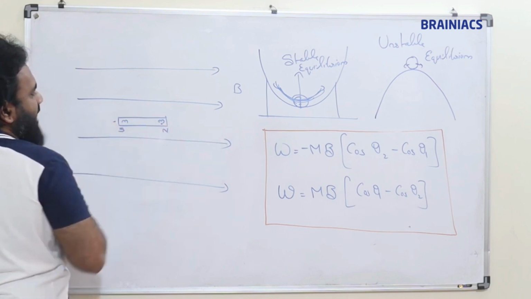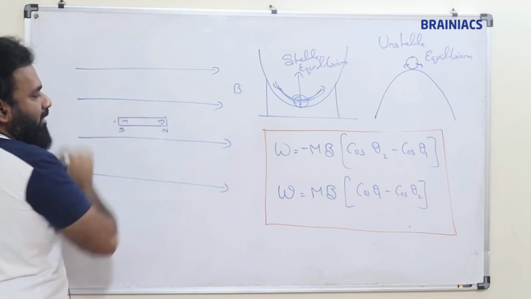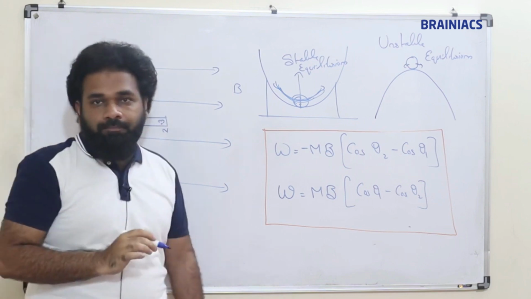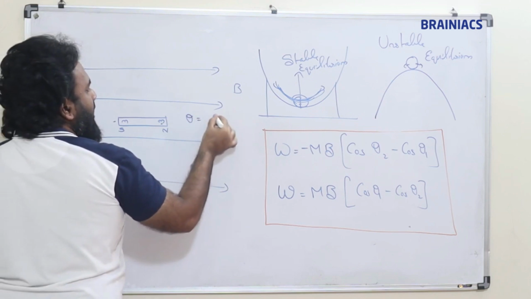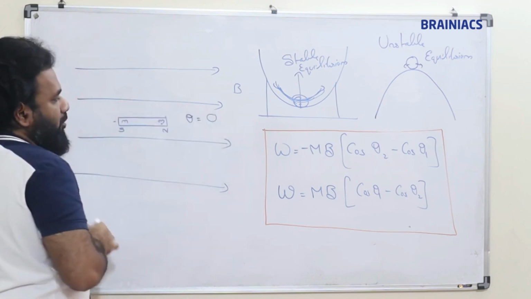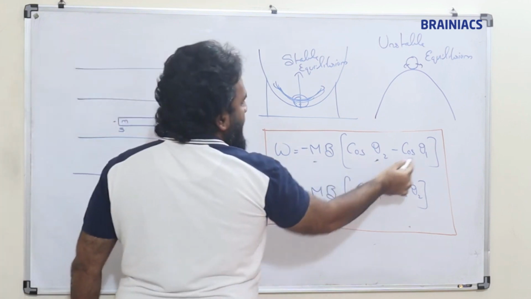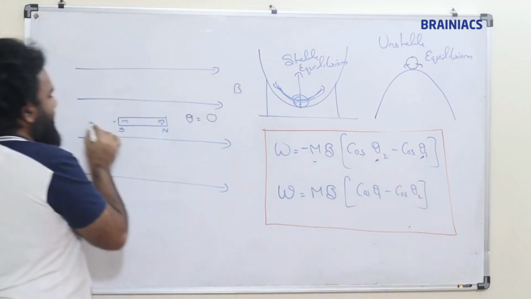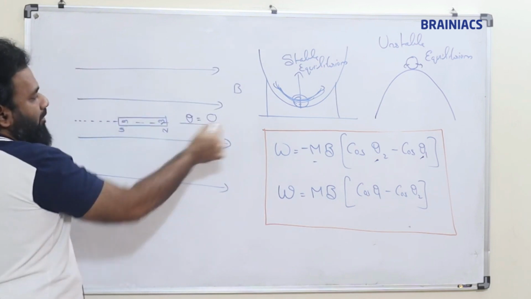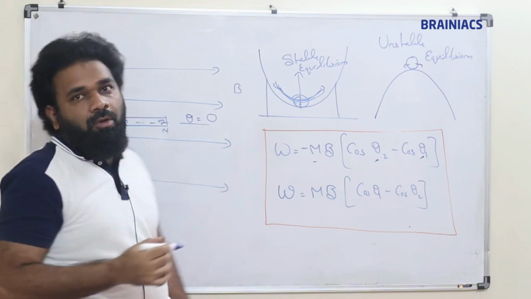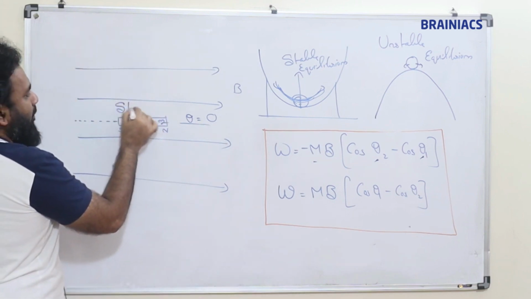The force on this one acts in this direction, and the force on this one acts in this direction. Even if I displace it, it will come back to the same position. So here we can consider theta equal to 0. The MB cos theta 2, cos theta 1, all these we should measure with respect to this line, the stable equilibrium line. So this position is stable equilibrium.